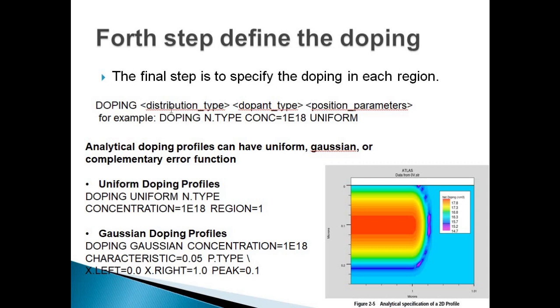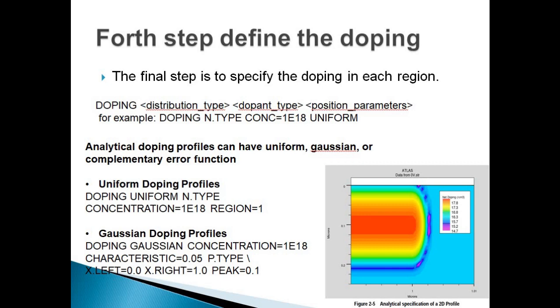For example, doping, distribution type, dopant type, and the position parameter. In this example, we have taken the n-type concentration equal to 1E18, and the distribution type is uniform. Analytical doping profiles can be uniform, Gaussian or complementary error function.